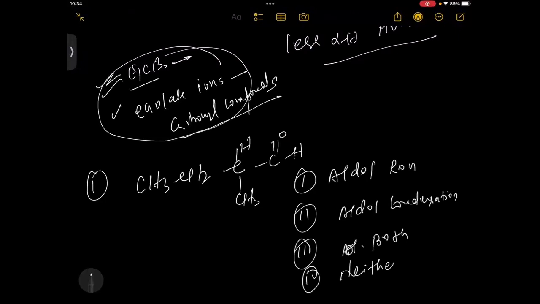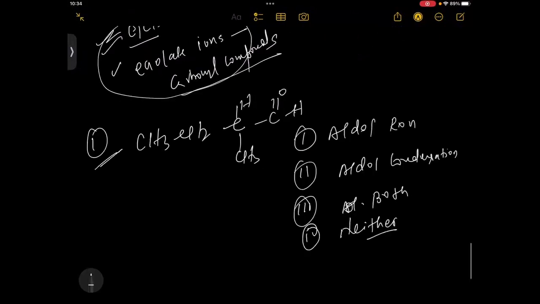If you understand the mechanism, you can tell me the answer very easily. Please tell me what the answer will be.